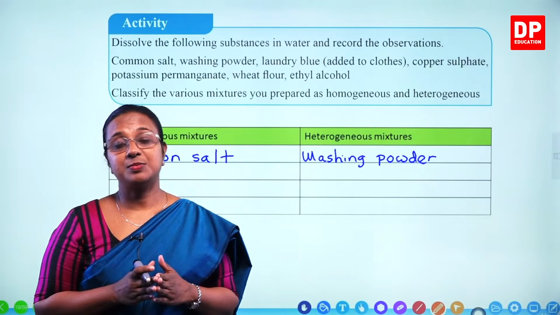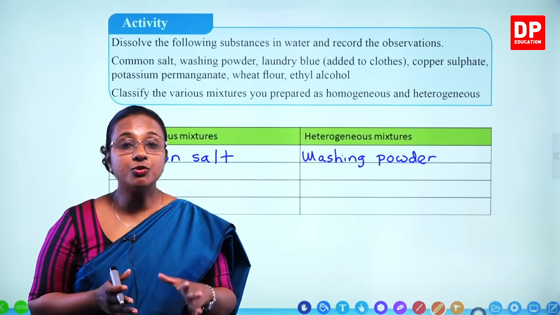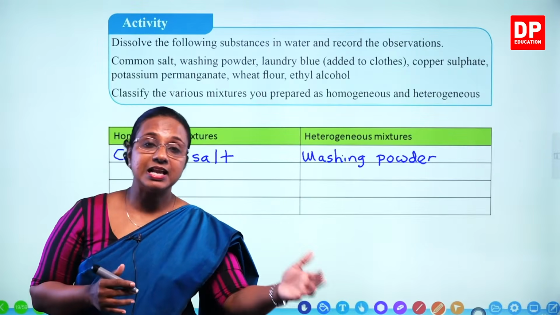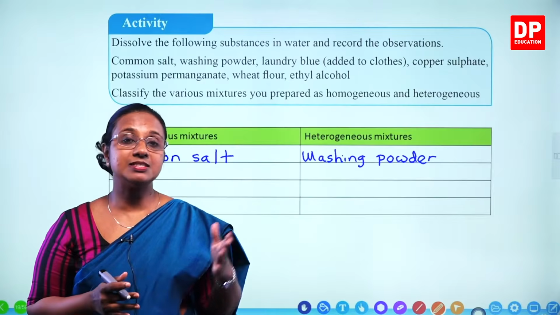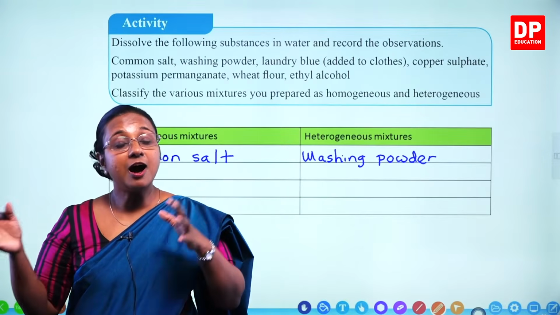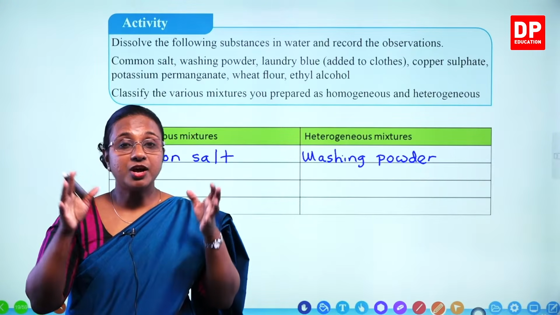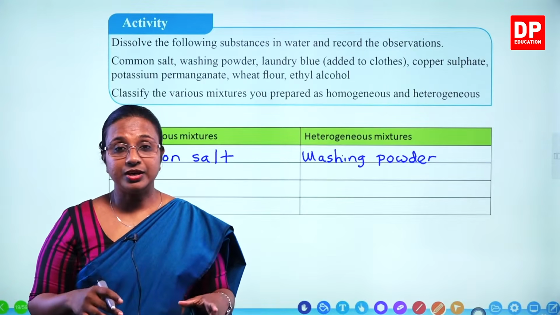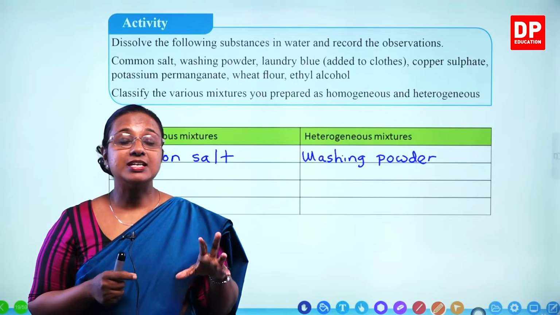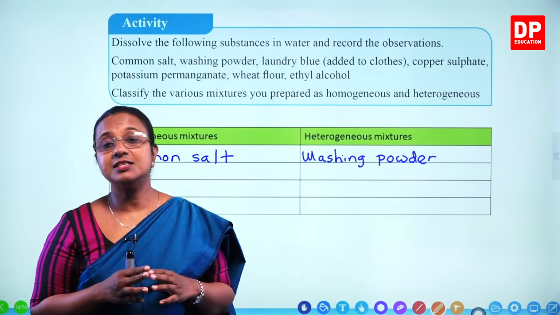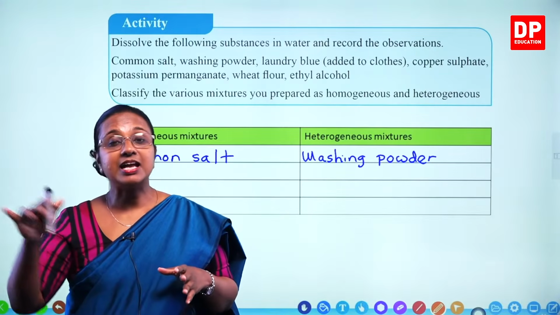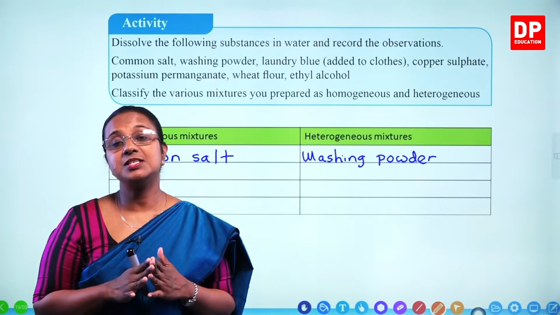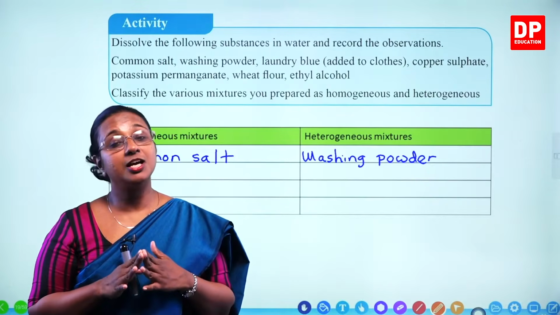You might have experienced this: if you don't mix the laundry blue properly, or if you mix it and leave it aside to stand for some time, you forget about it, and after some time you dip a white colored cloth into it and take it out, you can see there will be darker regions in part of that cloth and light blue color regions. That is because the composition of the laundry blue is not uniform.